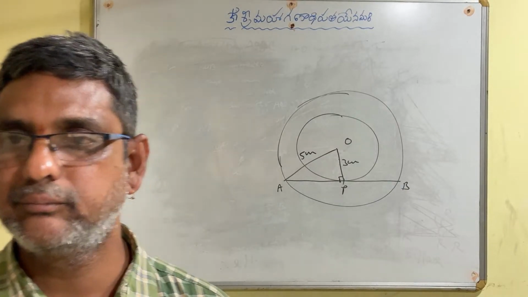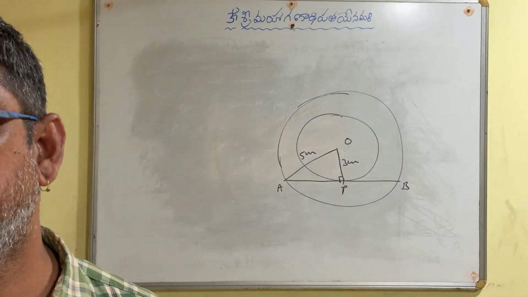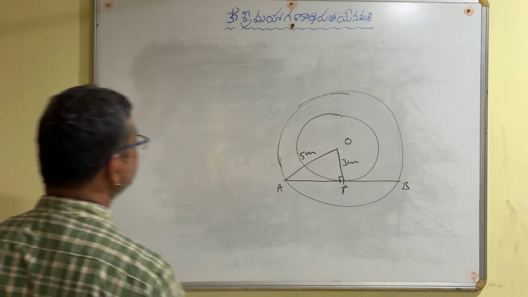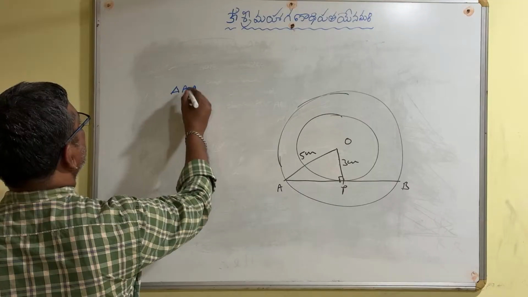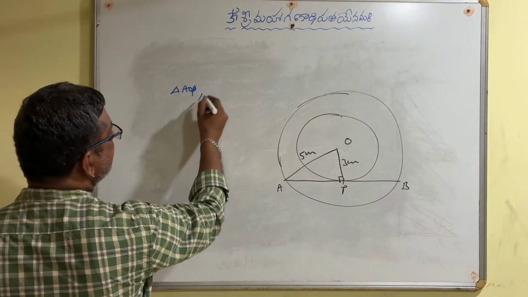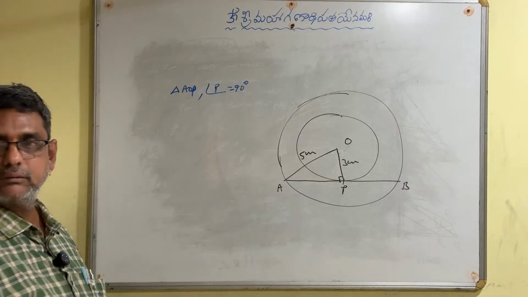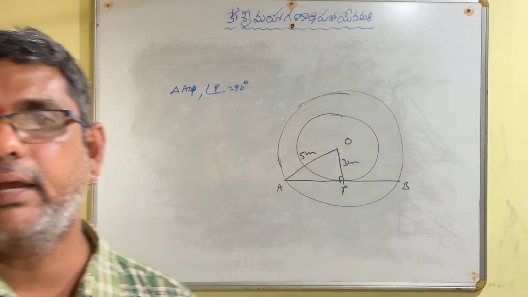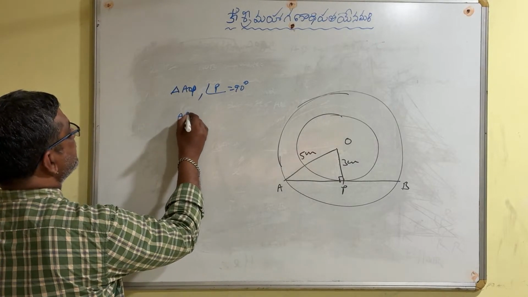How to do it? Anyone? Triangle AOP. In triangle AOP, angle P is 90 degrees. So we can find AP.